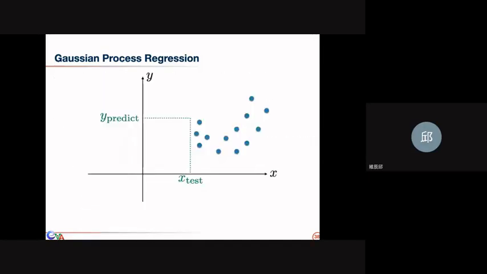Here I just want to give you some intuition. For instance, those blue dots are your training data points.